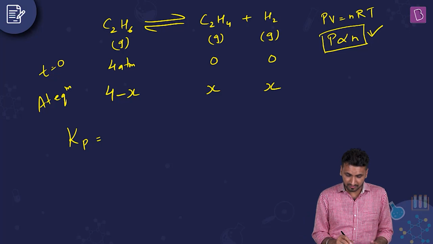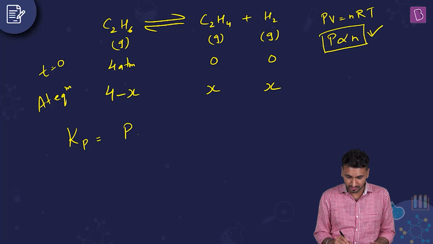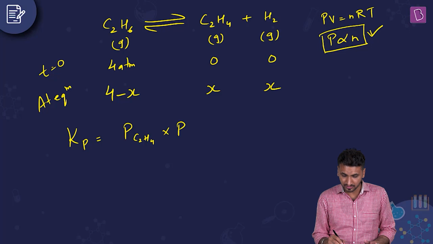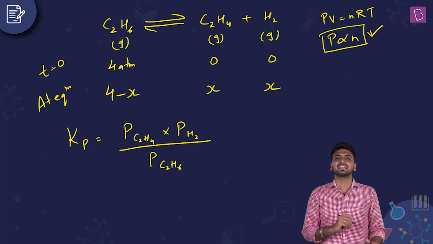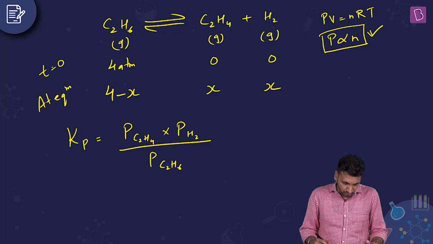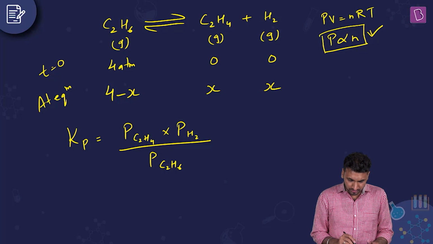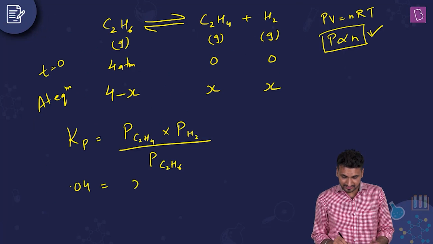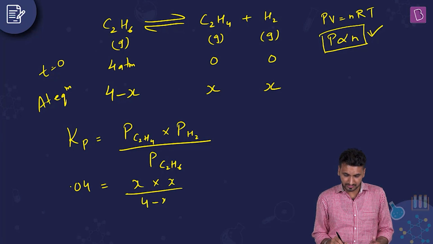So Kp here will be partial pressure of C2H4 at equilibrium into partial pressure of hydrogen at equilibrium, upon partial pressure of ethane C2H6 at equilibrium. If you just put the values, Kp is given as 0.04. Pressure of ethene is x, hydrogen is x, C2H6 is 4 minus x.